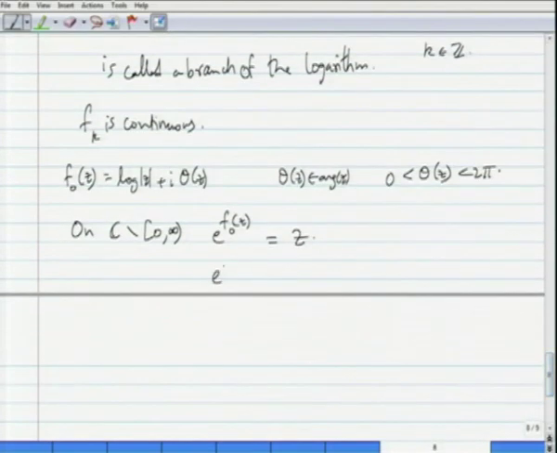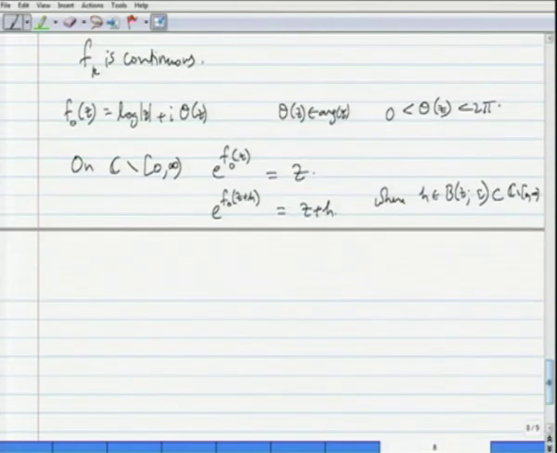So e to the power f_0 of z plus h is equal to z plus h, where h belongs to such a ball around z that this is completely contained in the domain of f_0, contained in C minus [0, infinity).